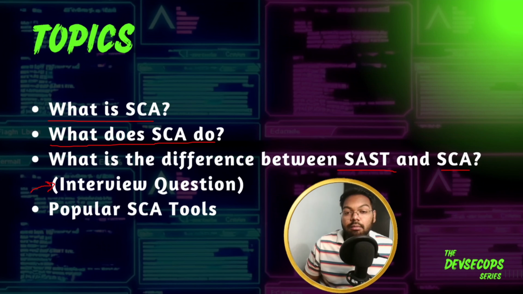SAST and SCA look the same, but they have different tasks. They scan different things. The end result is the same: they give us the vulnerabilities and how to mitigate them, but what each one scans is the difference between them. So that's the intro question.